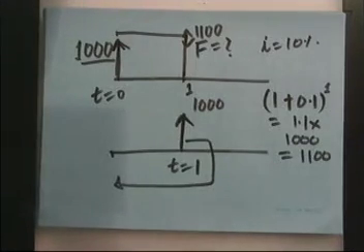Now, 1000 rupees which I have received at time t is equal to 0 has a value of rupees 1100 at time t is equal to 1. At that point of time itself, I am receiving another rupees 1000. So, the total I am getting is rupees 1100 plus rupees 1000, that is equal to rupees 2100 at the end of year 1.